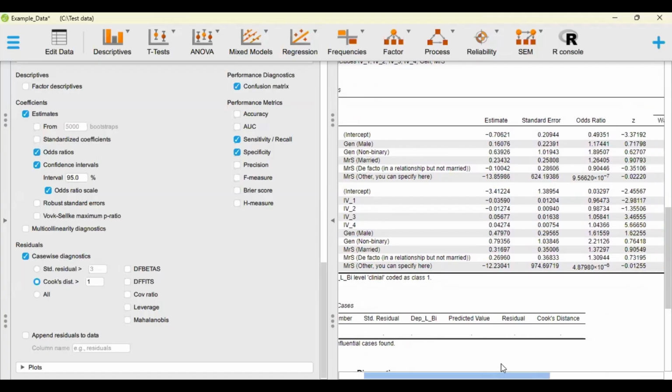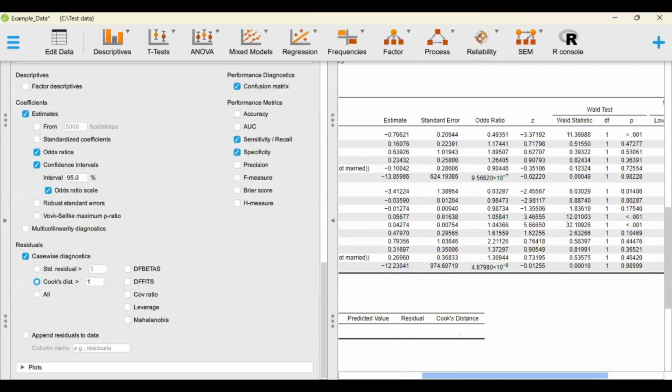Also, I don't have to report this. Usually the publications don't report that. But if I want to see if gender and marital status had any confounding effects on my results, I can see that if they had significant results here.